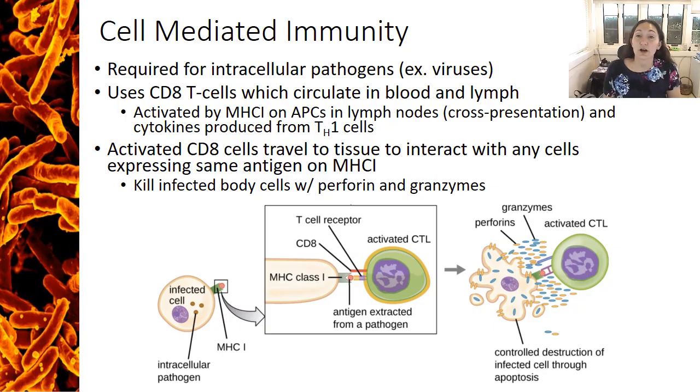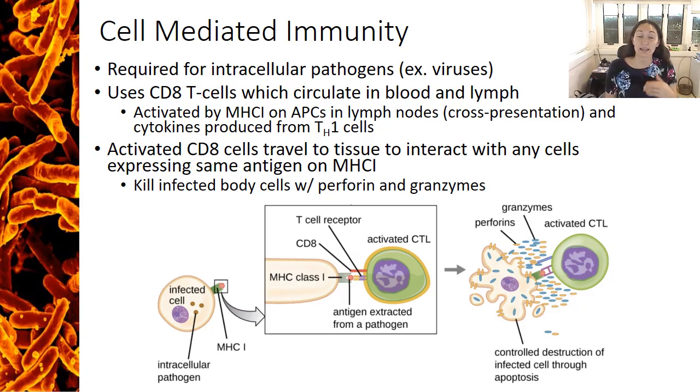So this activation of those CD8, the cytotoxic T cells, is really what we call cell-mediated immunity, because it's the activated cytotoxic T cells that are now going to go out into the body and do something. And their job is to go out and kill any of our own body cells that are currently having a problem. So remember, they were activated by MHC1, which presents antigen that should be inside the cytoplasm of cells.